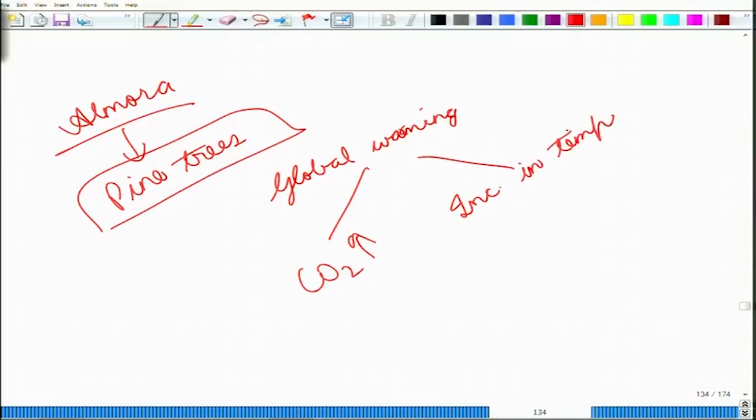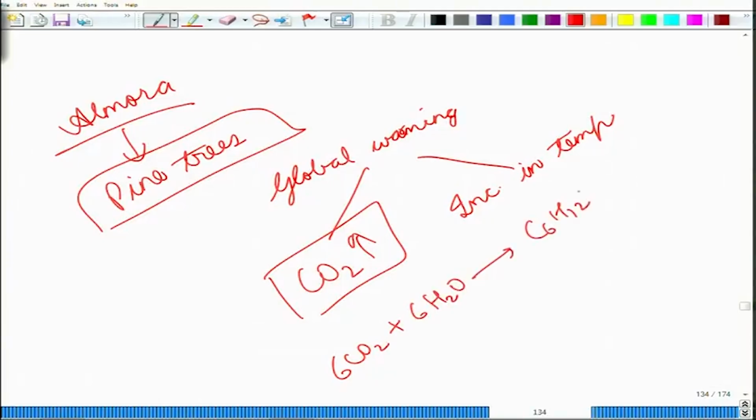For most plants, if you increase carbon dioxide, then because in the process of photosynthesis carbon dioxide plus water gives you sugars and oxygen, the production of glucose or sugars will increase.